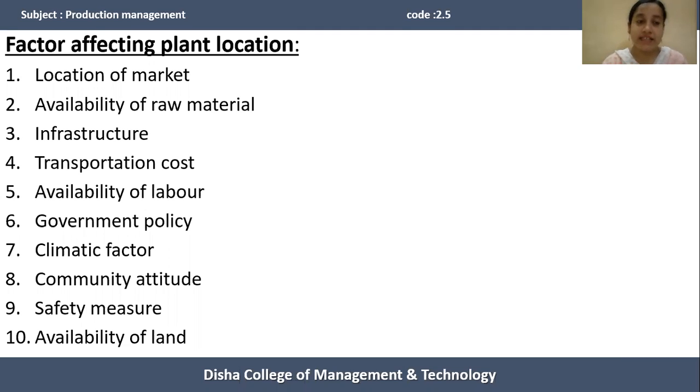If they consider these factors for identifying the location, it will be an ideal one, and that provides maximum operating efficiency to the organization, or helps the firm to produce the goods at less cost. Let me discuss the various factors that affect plant location in detail.